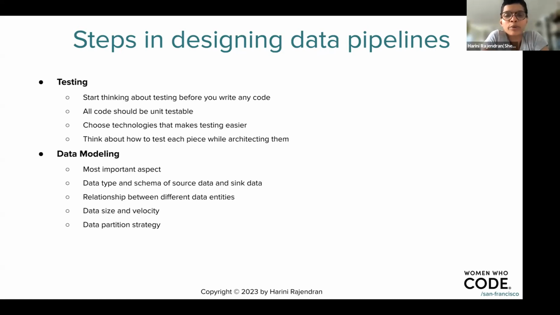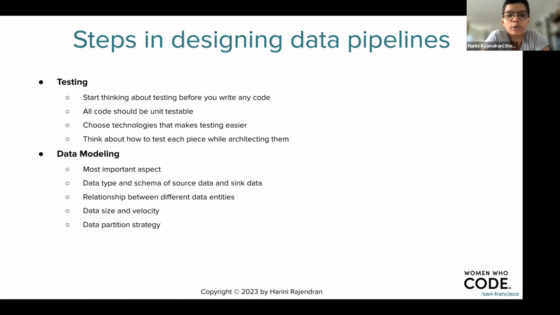When you are putting together all these different pieces in the big data pipeline, also think about how to test each and every piece individually, and how to test the whole data pipeline end to end. Usually, the way we have done it in our projects is that for each piece individually, we have unit tests.